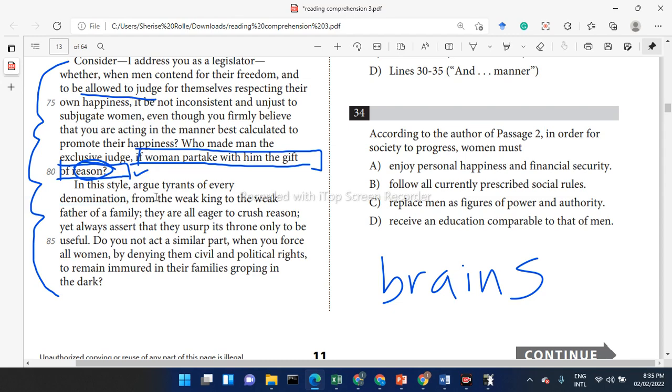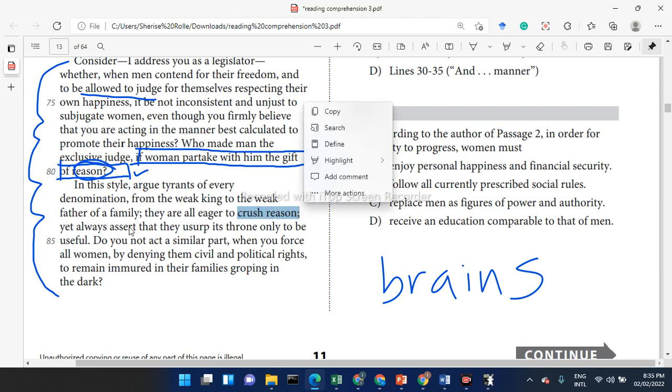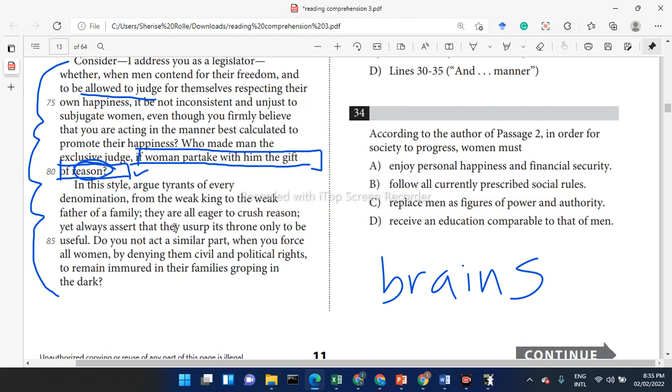She's saying, from the weak king to the weak father of the family, they are all eager to crush reason, yet always assert that they usurp its throne only to be useful. So she's saying that the king also does it.